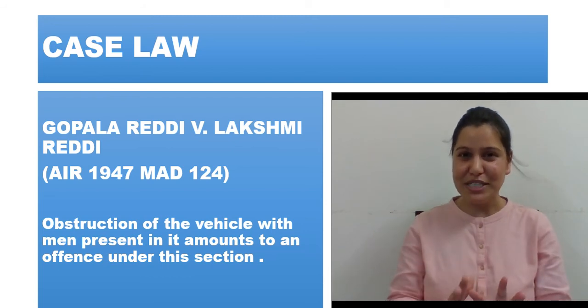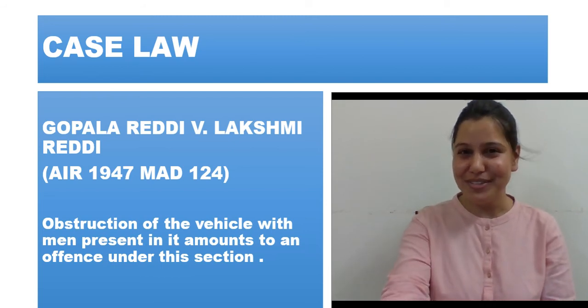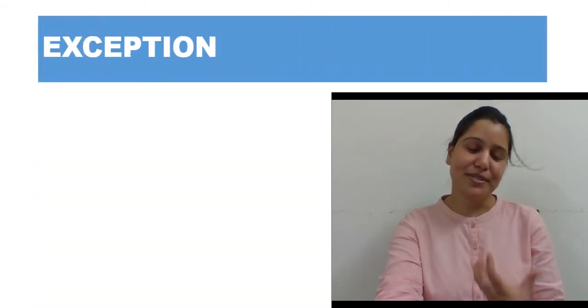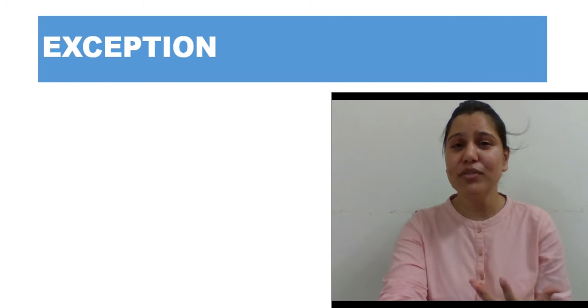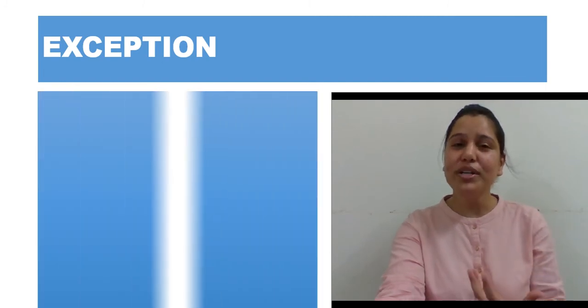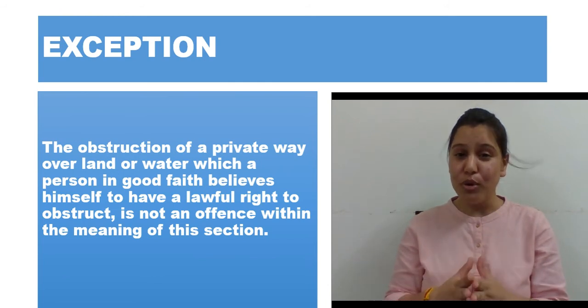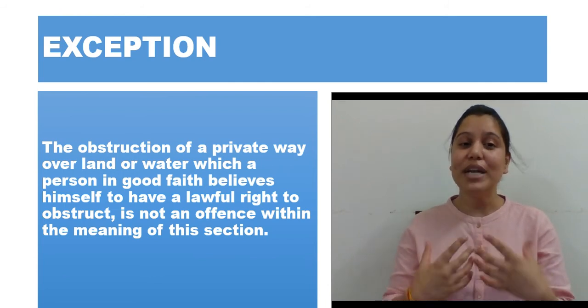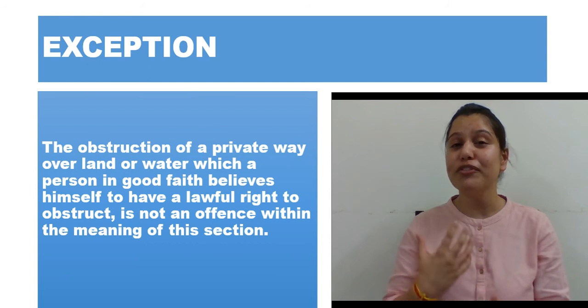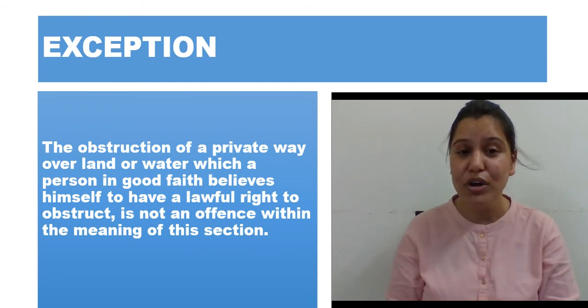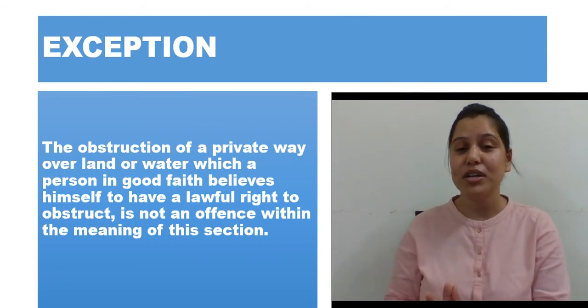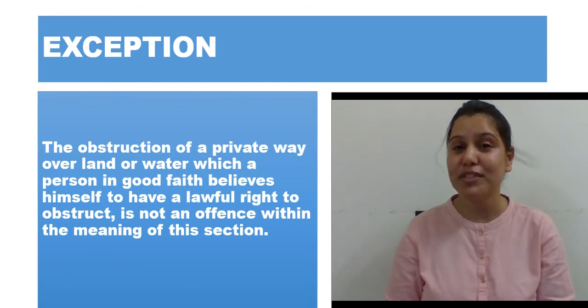I hope the concept is clear now. What do we mean by wrongful restraint? But with this, we have one exception. Now, what does the exception say? The exception says the obstruction of a private way over land or water, which a person in good faith believes himself to have a lawful right to obstruct, is not an offense within the meaning of this section.